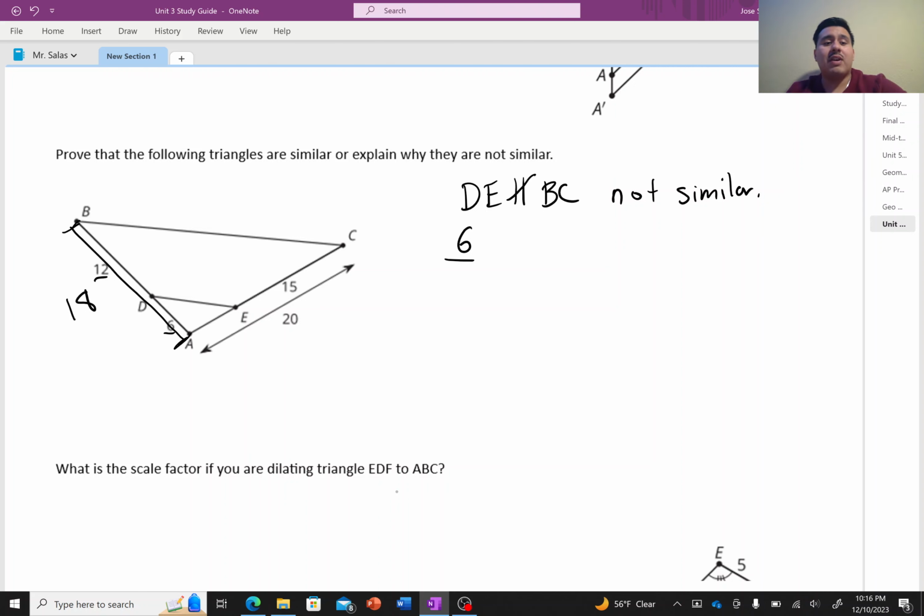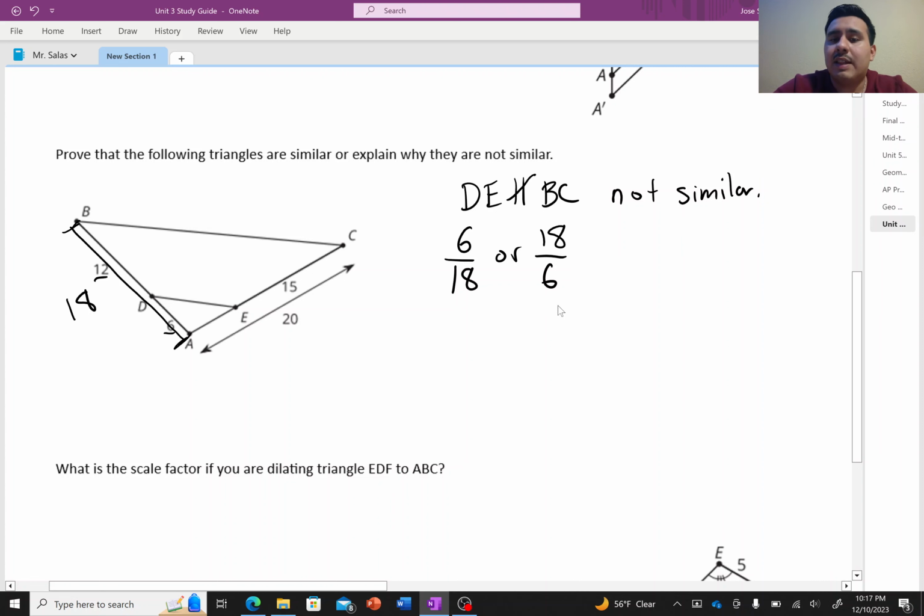So the total length of A to B is 18. So I would take 18 divided by 6. Whichever one is easier for you, you're going to solve for. In this case, it's easier to solve for 18 divided by 6. In that case, my scale factor would be 3.